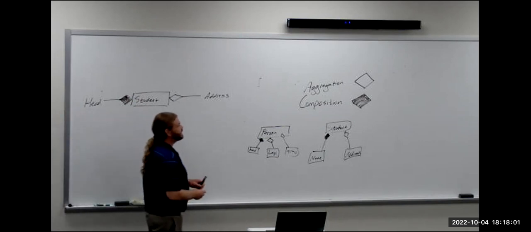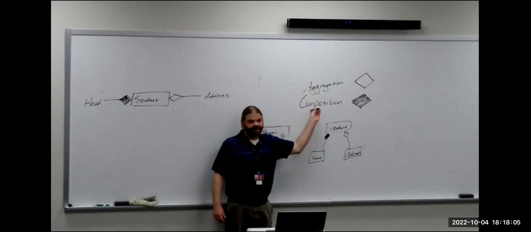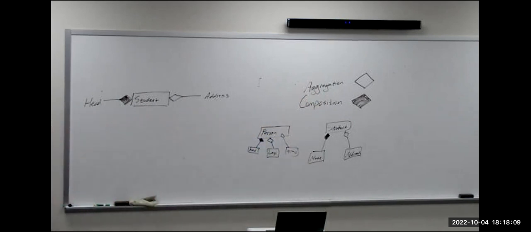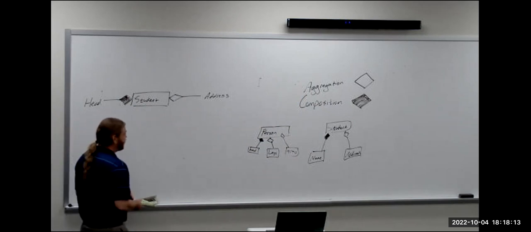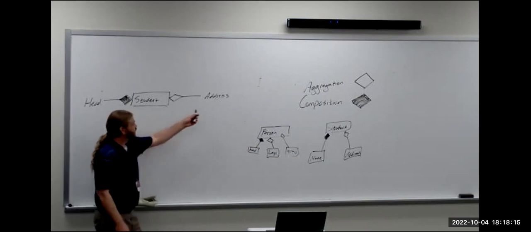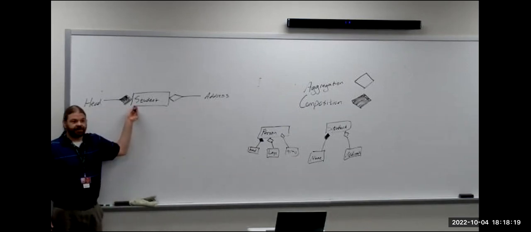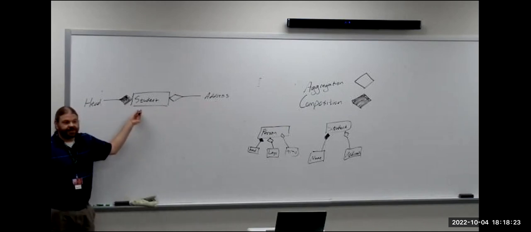The composition is like a child of aggregation. It's a more detailed version, but a higher level of relationship between the two things. So you can ask that question as, does this exist without the thing it's related to? Because the address can exist without a student.